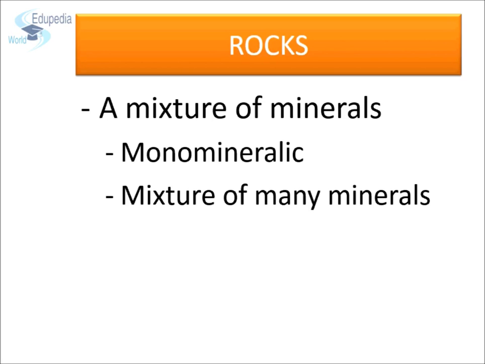A rock may contain only one mineral and therefore may be described as being monomineralic. For example, the rock dunite, one of the chief rocks believed to be present in the mantle, consists of only one mineral, the olive green colored olivine.